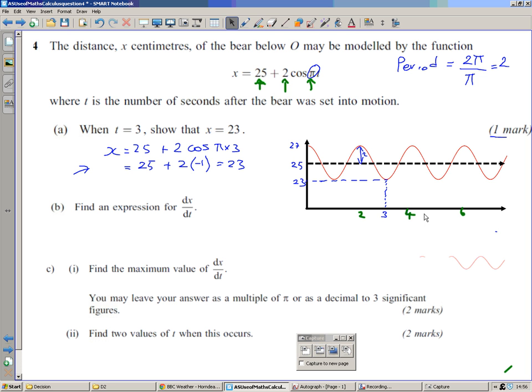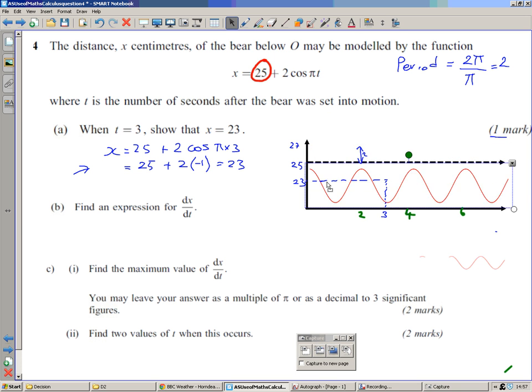Right, the next bit is just to differentiate this function here. Now, we're noting the differentiating of the function. 25 is a constant, so that actually disappears when we differentiate. If you think about it, it wouldn't make any difference to our curve if it were down here.